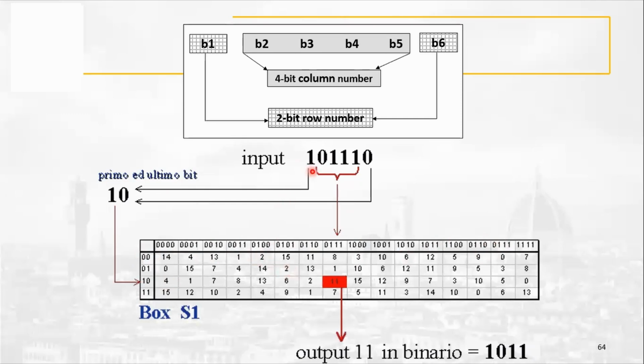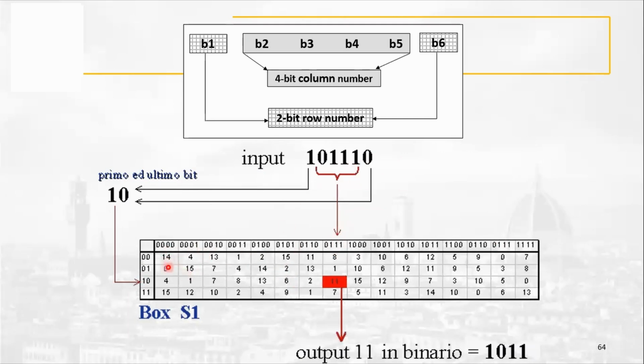For example, if you have 101110, take the first and last bit, and that will constitute which row number you are referring to. In this case, 10 will refer to the third row. The middle 4 bits, from bit number 2 to bit number 5, constitute 0111. So you have to select that particular column.